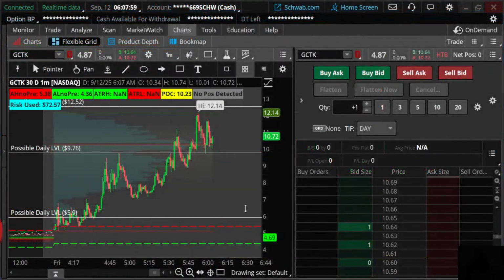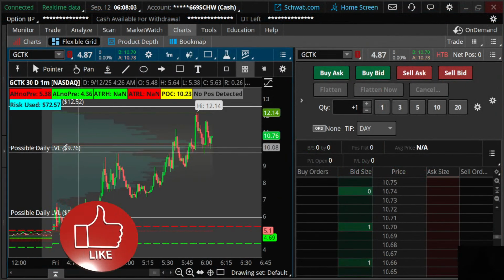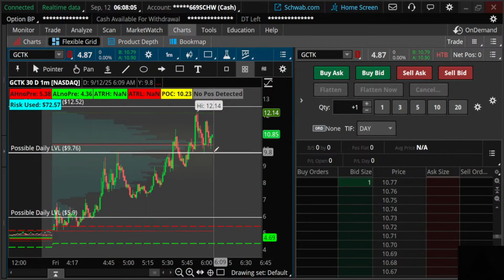Let's jump over here to where it's actually trading on the 1 minute. So this is at 976 level. It's already tested there and bounced once. So that's a missed one. It's got this 1252 up here.